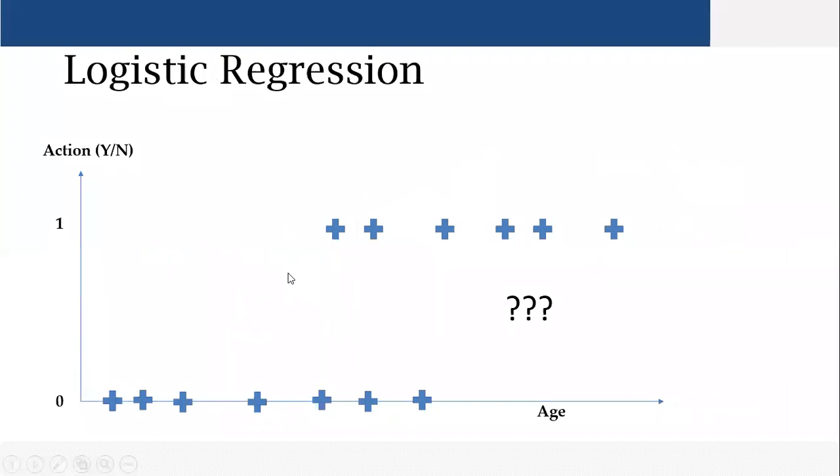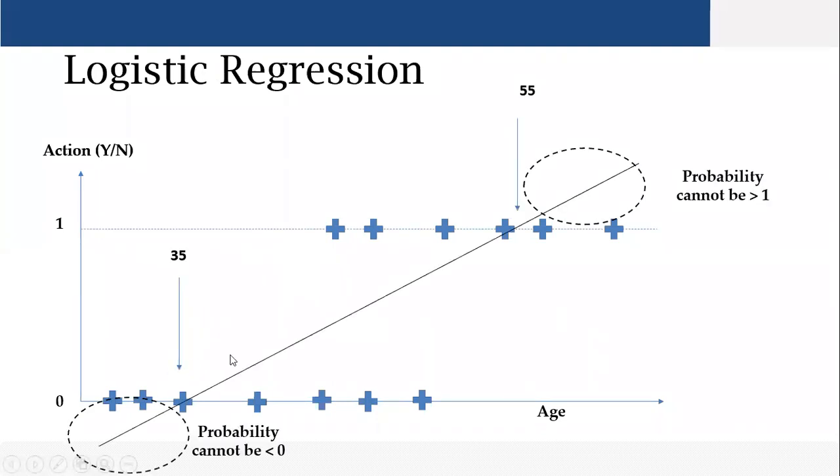In logistic regression, your data is such that you have information like this, 1 or 0. Will I lose weight, yes or no? Is this prostate cancer, yes or no? 1 or 0. If I use linear regression and I draw a line, the challenge is that probability cannot be more than 1 and cannot be less than 0.